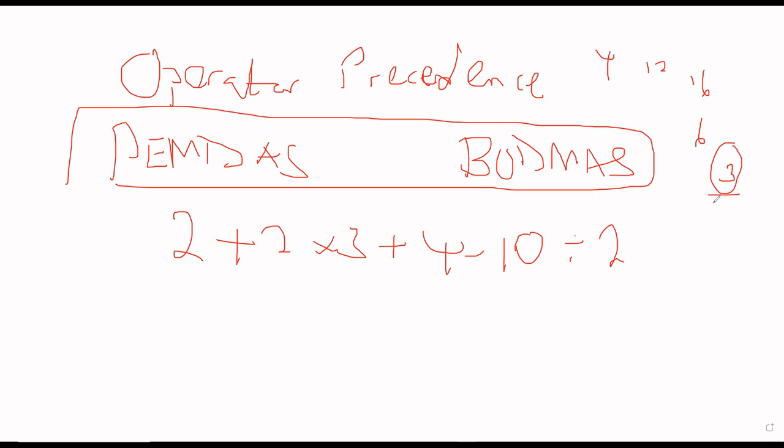Some will say the answer is 3. But we know that we have precedence. According to BODMAS, you do division first. But if you look at PEMDAS, you do multiplication first.